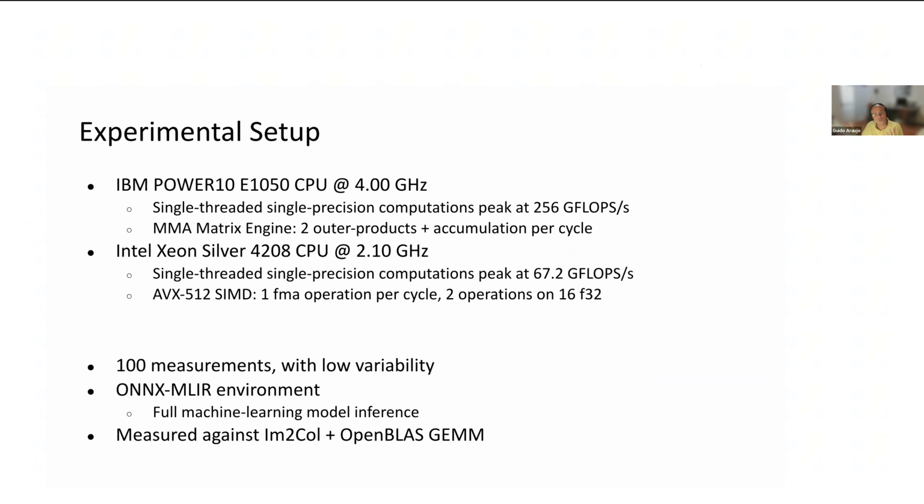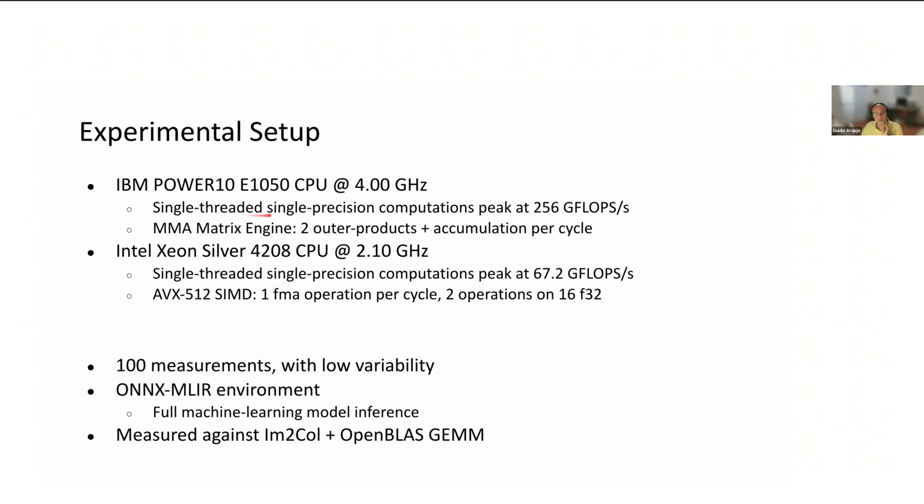Sometimes you do this in simulation, and even if it's cycle accurate simulation, it doesn't represent what's actually happening in the machine. With the IBM Toronto group, we managed to do this on a real machine that we can reserve, with bare-metal execution, not through a virtual machine, and actually do real measurements.